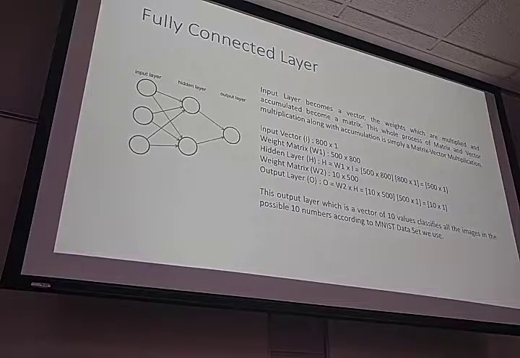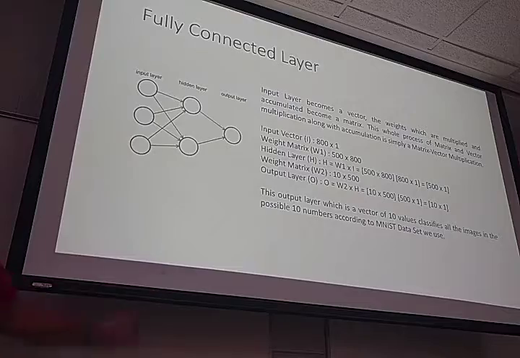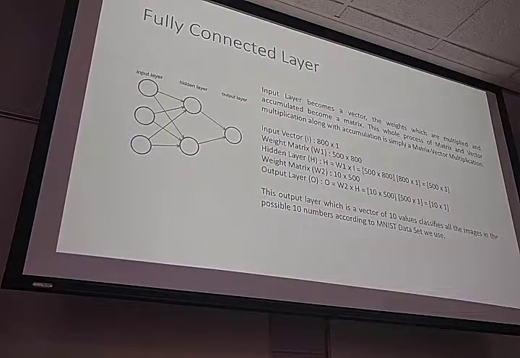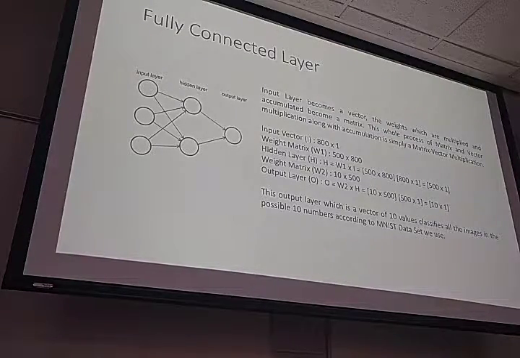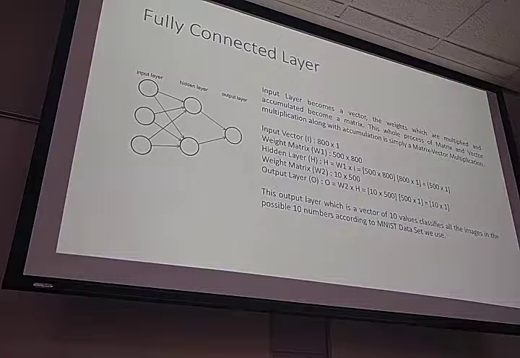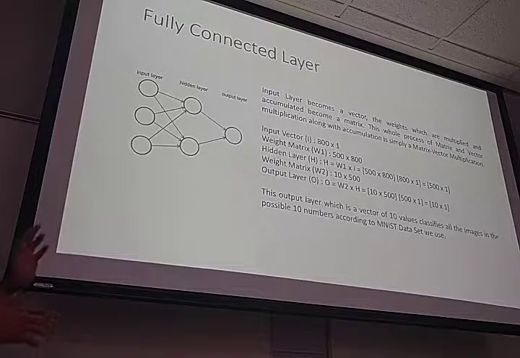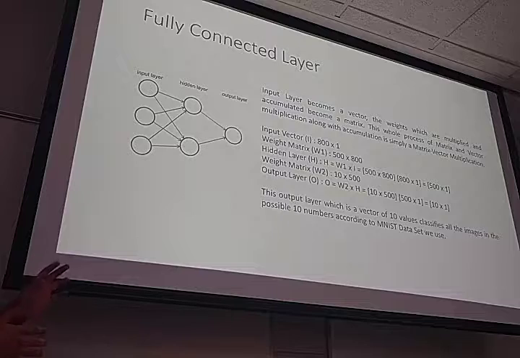This is how the computation is done. The initial fully connected layer has an input vector of size 800 by 1, which we multiply with the weight matrix. Before proceeding, the whole neural network model is trained on a different machine. This is for the inference phase.